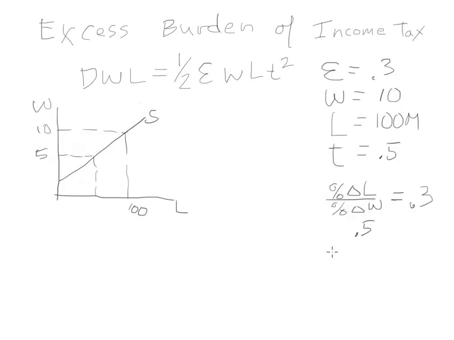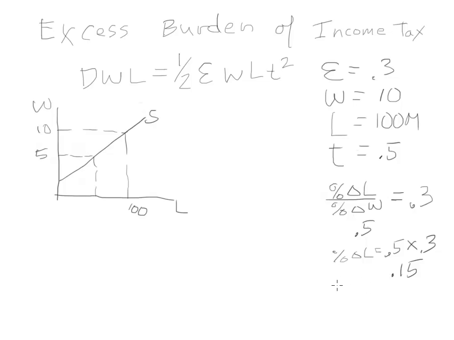So my percentage change in labor is equal to 0.5 times 0.3, which is 0.15. So I take the original 100 and I have approximately a 15% reduction in labor supply because I work less, I assume, if I get to keep less money. So really this is a negative 0.3. The wage goes down, I reduce my labor supply. I'm just taking the absolute value up there.